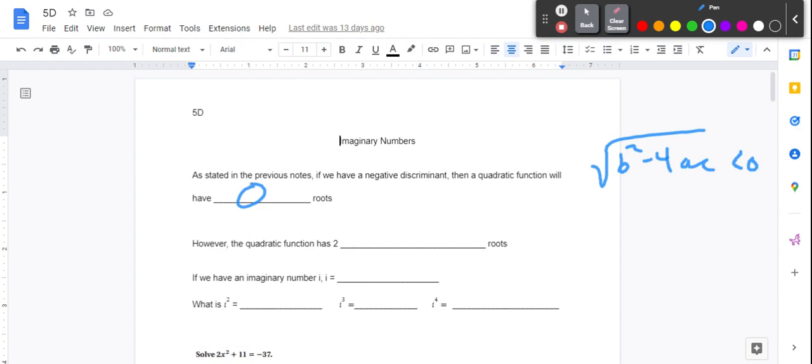When we graph the function, it may look something like this, or something like this, where it doesn't touch the x-axis at all. However, it doesn't have any real roots. It doesn't touch the x-axis, but it has two imaginary roots.